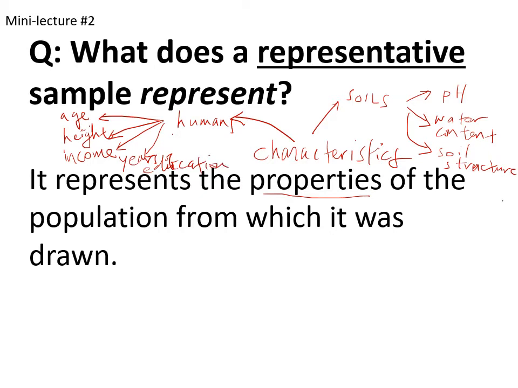So these are characteristics that, in most cases, for people at least, so these 1, 2, 3, 4 are all numerical. So it could be your age in years. That's usually what we ask. It could be your height in meters, your income in Canadian dollars, years of education in years, right?